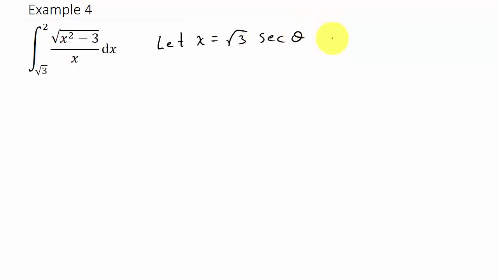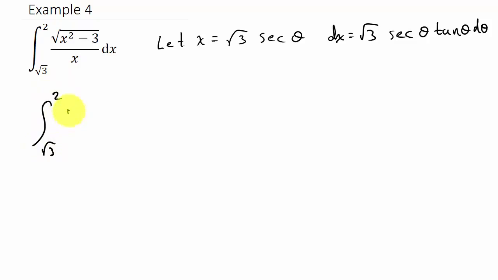And so dx is square root of 3. Remember the derivative of secant is secant theta tangent theta d theta. So let's see what we have: the integral from square root of 3 to 2 of square root of x squared minus 3 over x dx.